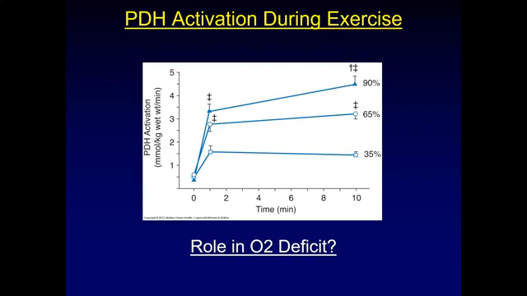They jogged at 65% of VO2 max. Then they ran very hard at 90% of VO2 max. And you'll note it takes about a minute to fully get PDH up and relatively close to its needed or maximal activity, based upon the amount of ADP and other things being generated for that activity.